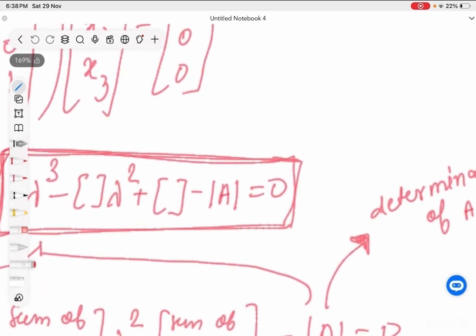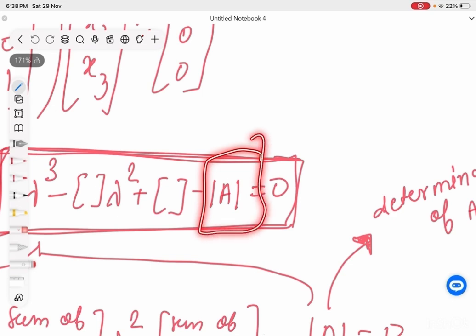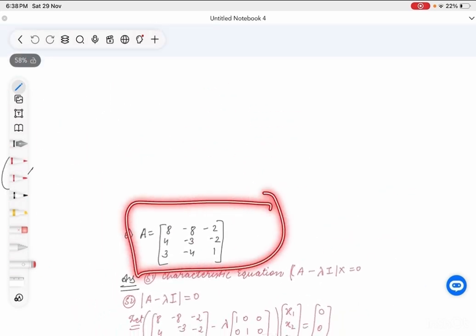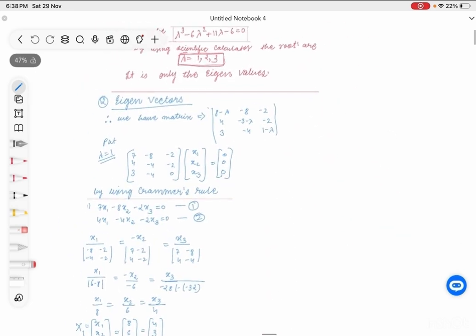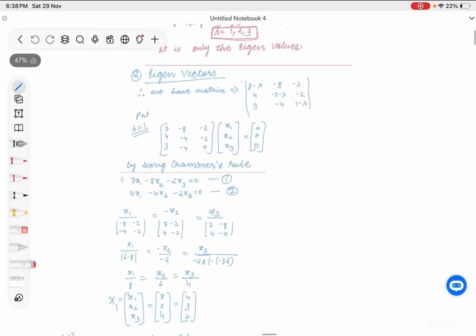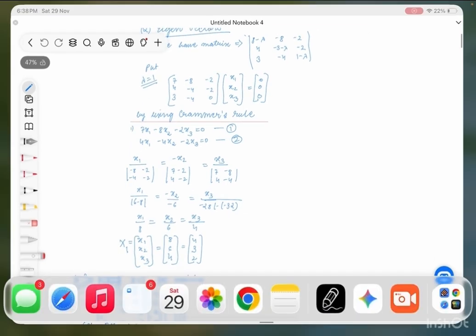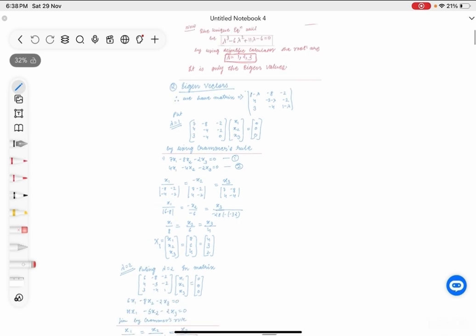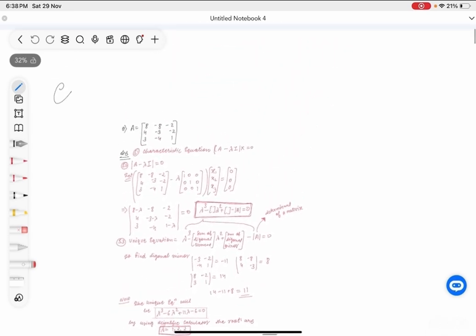At the end we got the determinant of the main matrix, which was the 3 by 3 question. Similarly, in the second part we saw the eigenvectors. So this was the method of how we can find eigenvalues and eigenvectors mathematically.